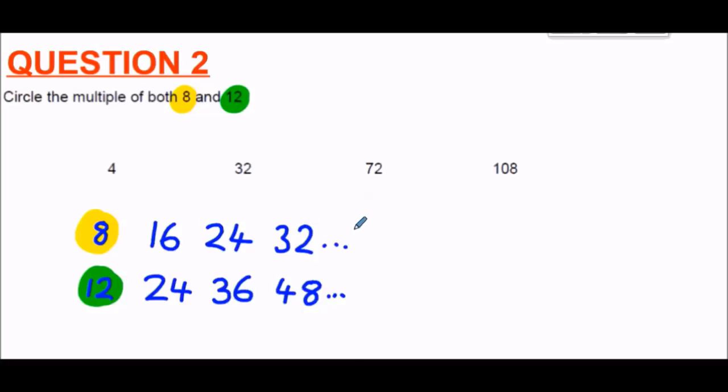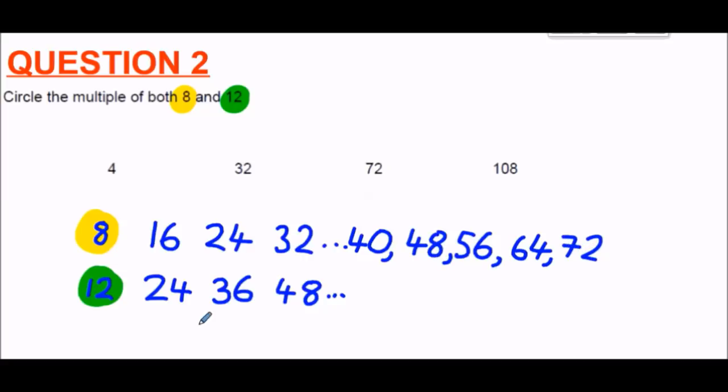So add another 8 onto 32, we'd get 40, 48, 56, this is where knowing your times tables can really help, 64, and 9 8s would be 72.